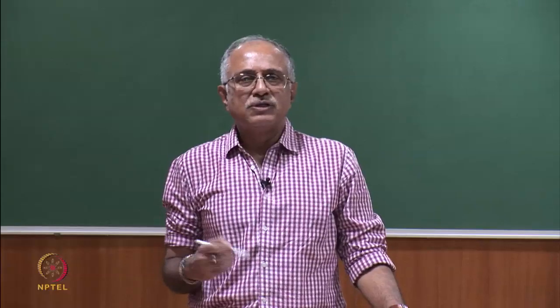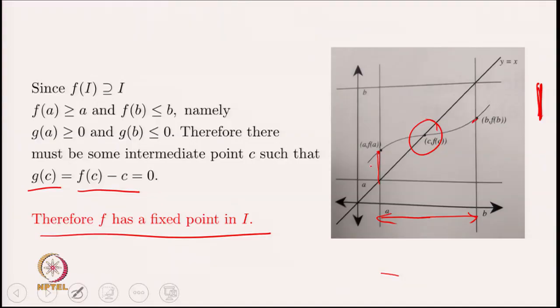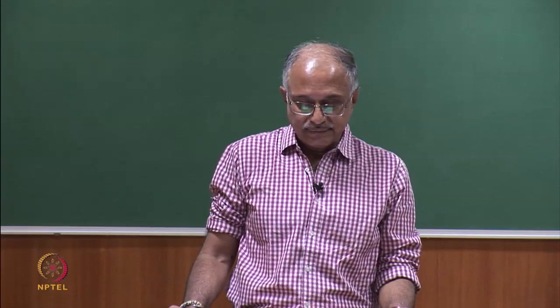Notice that we have also shown this in one other way. We have drawn the function f, and we have also drawn the diagonal line y is equal to x. The intersection of this diagonal line with this function tells us where the fixed point is. We are going to use this technique frequently.